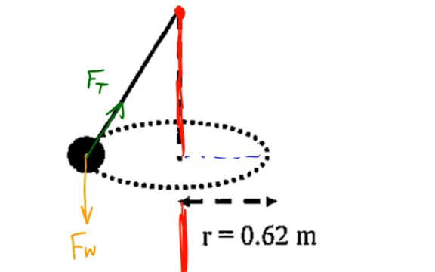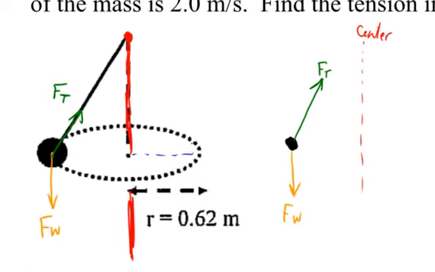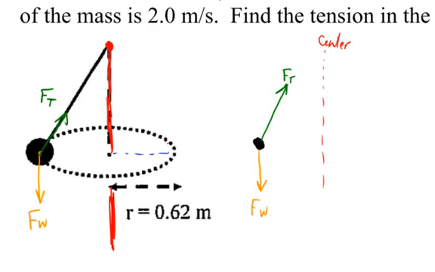And if we break the tension force into a horizontal and a vertical component, I'm going to call one of them the radial component, and the other one is going to be the vertical component. It is the radial component of the tension force that causes the centripetal acceleration. So let's redraw this free body diagram over here to the right. And now I want to break this tension force into horizontal and vertical components, into a radial component and a vertical component.